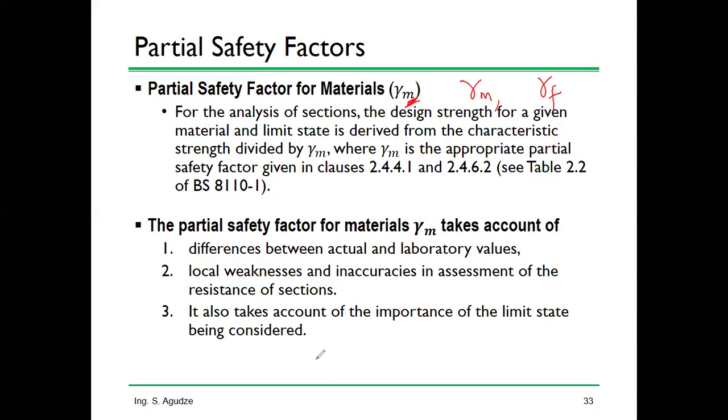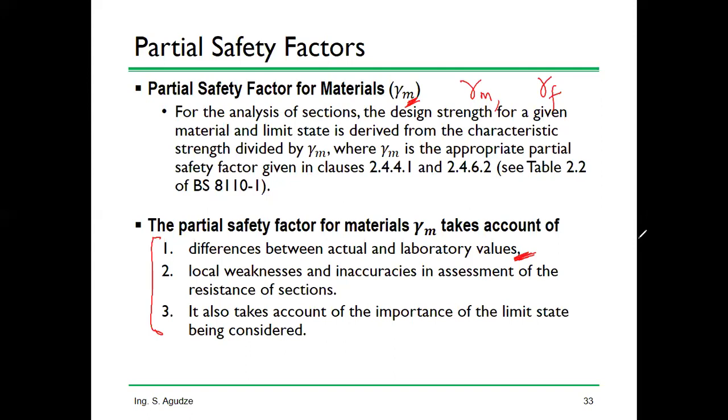Why do we use partial safety factor for materials? And here I want Clue Emmanuel to take note that this is explained before I give the factors. One, this is to take account of the difference between actual and laboratory values. Because whatever you test in the lab will be different from the actual work you are going to do.